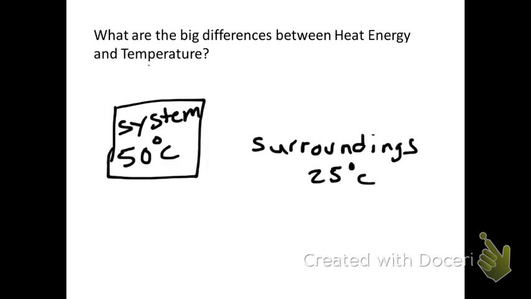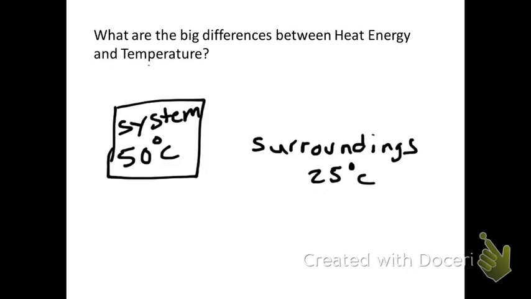Alright? Well, if the system is 50 degrees C and the surroundings is 25 degrees C, since there are different temperatures, there's going to be a transfer of energy. And the transfer of energy is always going to move from a hot object to a cold object. Now, this is very important. So let me repeat that again. Because there are differences in temperature, there's going to be a transfer of energy. And that transfer of energy is always going to move from a hot system to a colder environment.